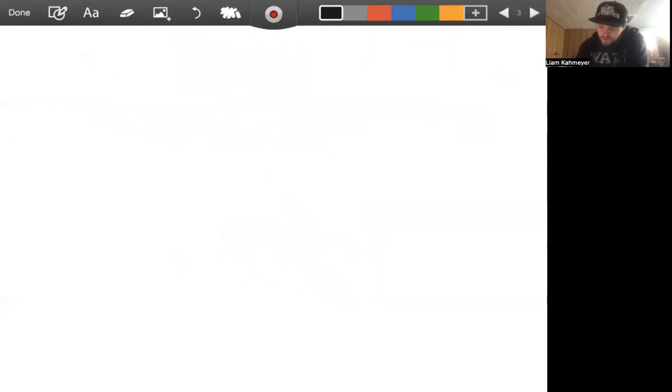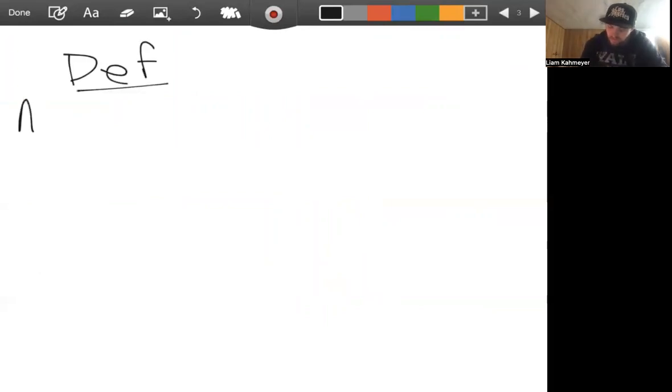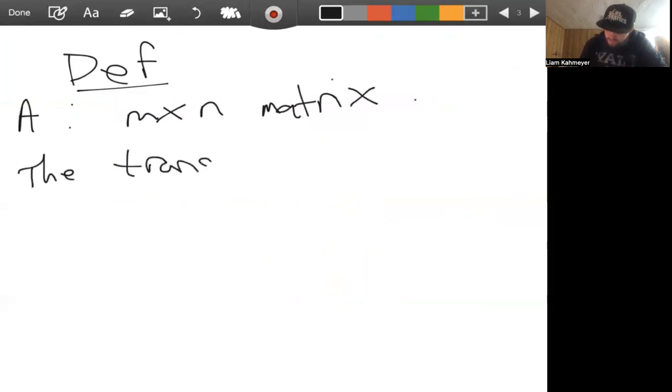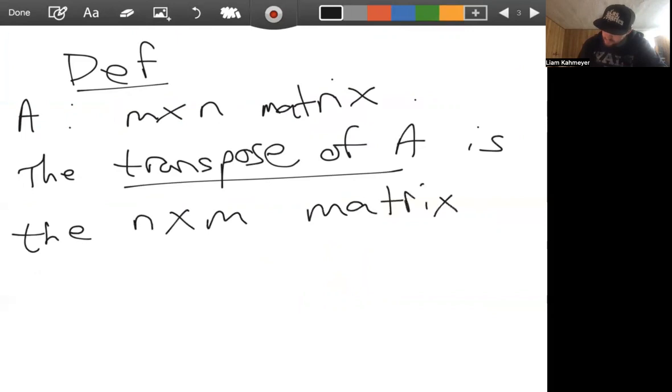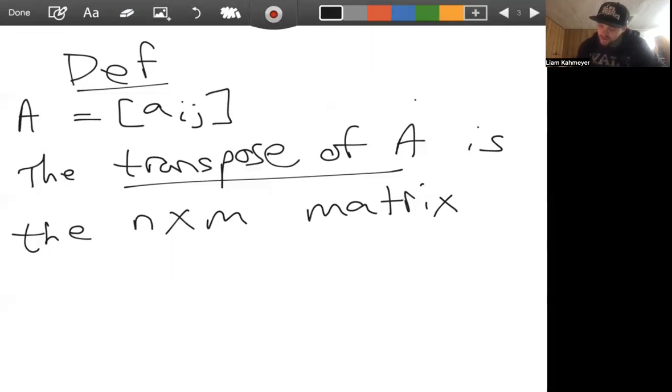We can write this formally in a definition here. If we let A be an M by N matrix, then we'll say the transpose of A is the N by M matrix given by, and let me come up here really quickly and say that we'll write A as the matrix with entries Aij.